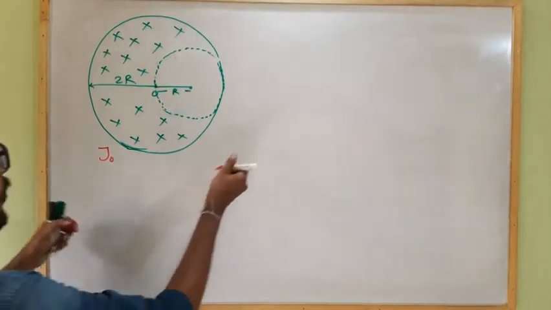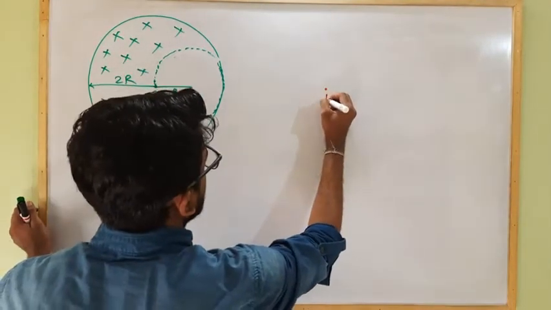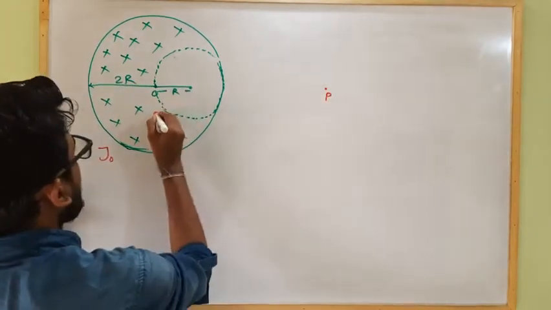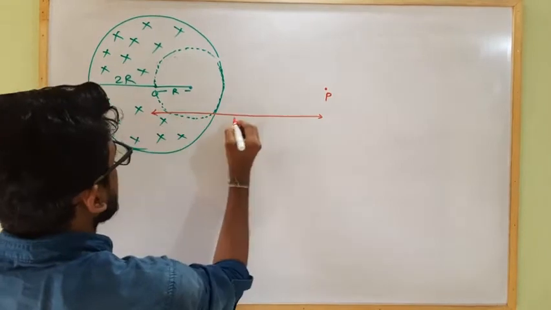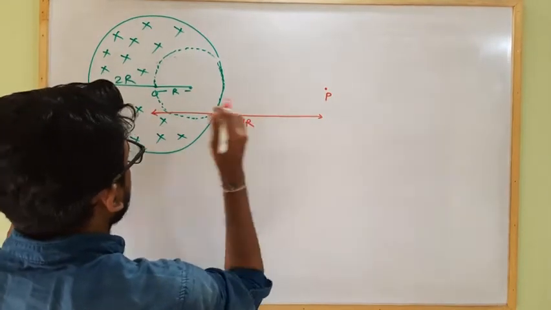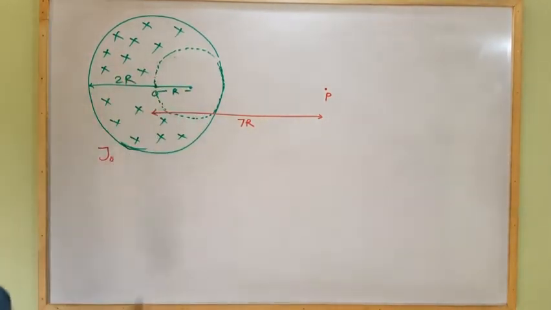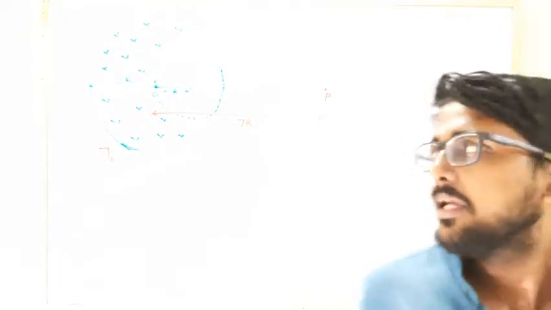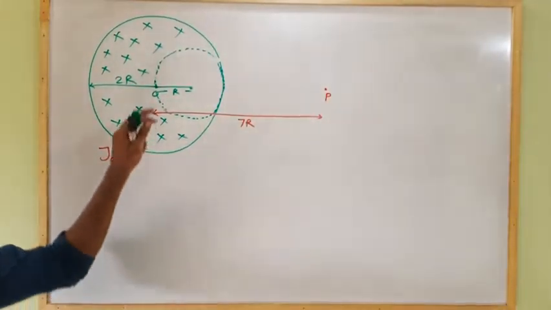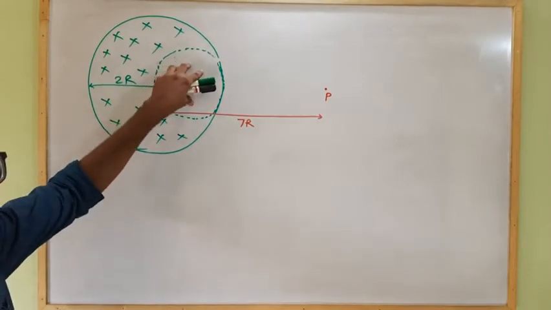Now there is a point of observation P at a distance 7r from the center O of the current carrying conductor. Now find out the net magnetic field strength at point P due to this current carrying conductor. Clear? Here the current carrying conductor has a cavity of radius r.